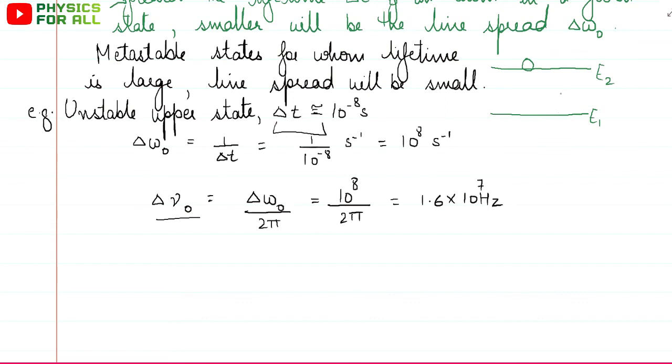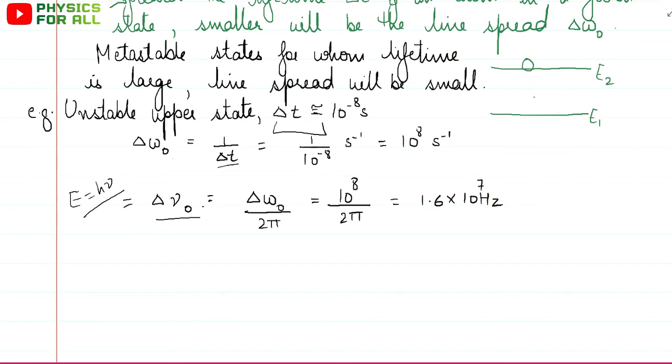The lifetime of E2 depends on this omega naught, which is in turn related to delta nu, which is nothing but E, as E is equal to h nu. So all these things are related to energy as well as frequency.